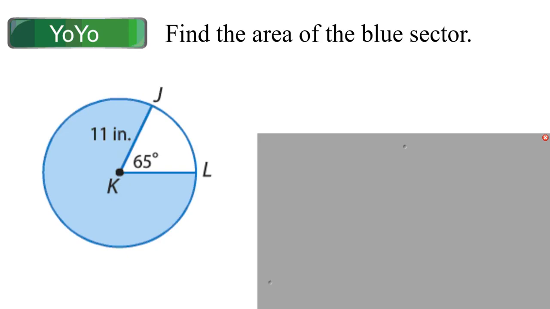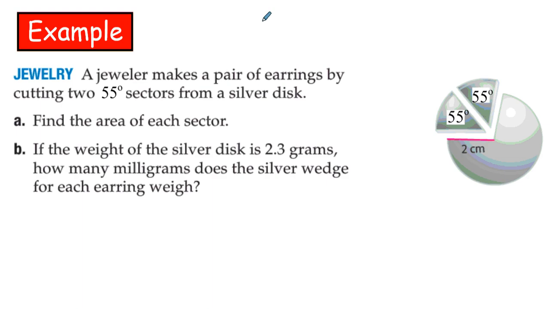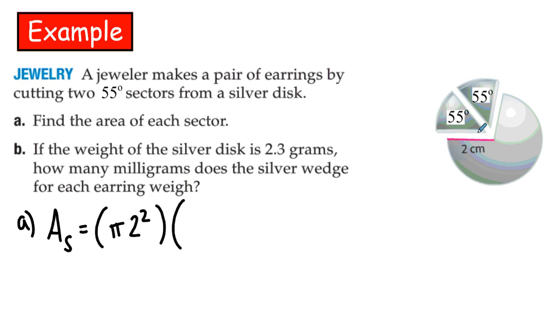One more, then I'll have you try. A jeweler makes a pair of earrings by cutting two 55-degree sectors from a silver disc. Find the area of each sector. So the first one is just what we did essentially a second ago. The area of the sector will equal the area of the circle, pi times its radius, which is 2 squared, multiplied by the angle.